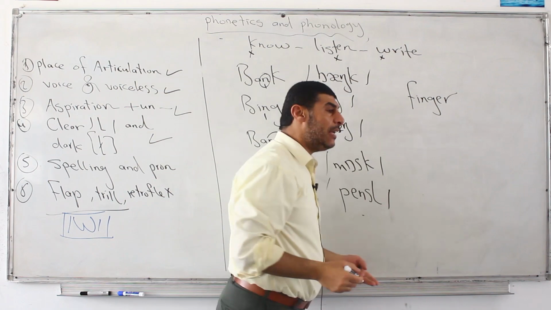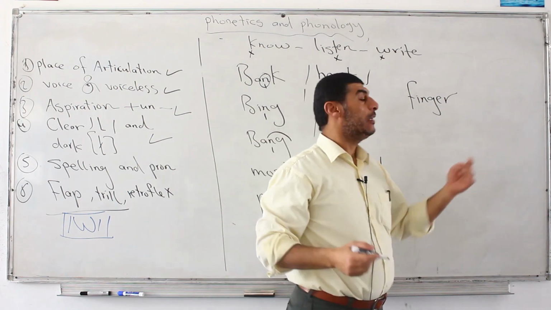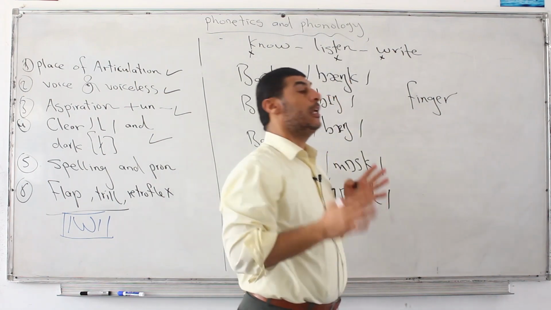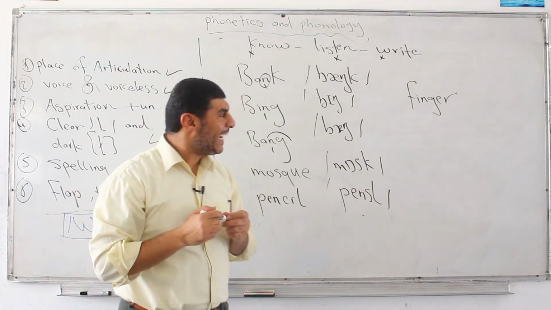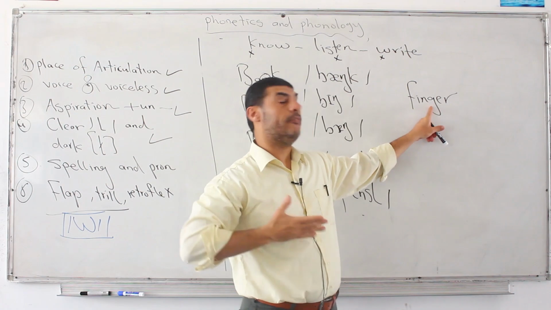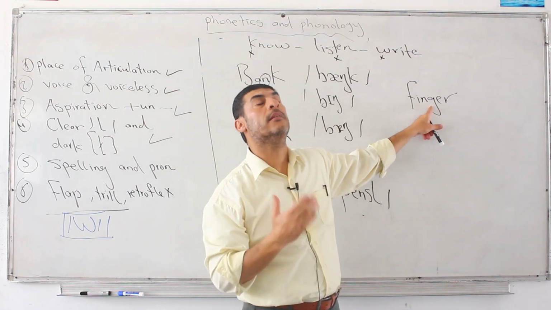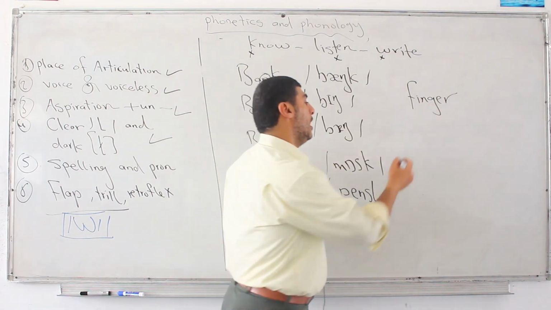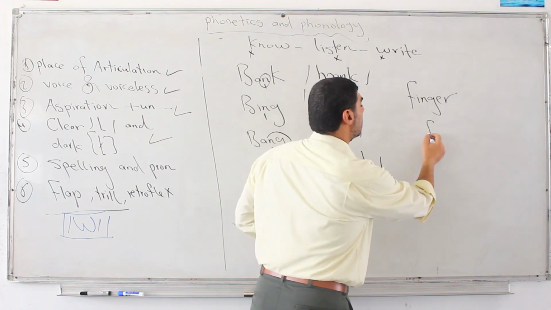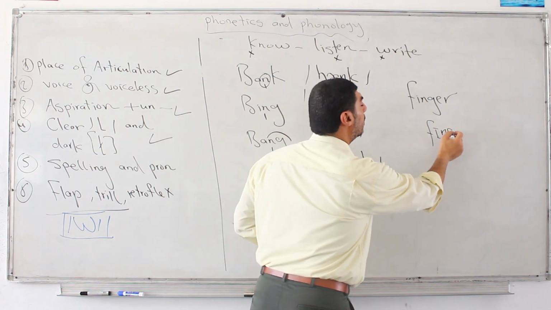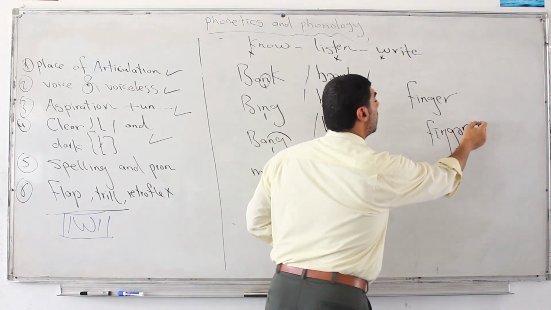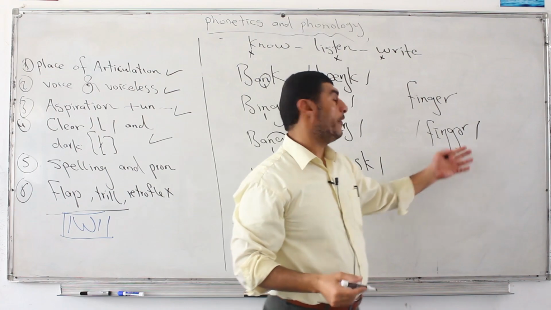But try to see the other word, which is finger. Finger, we have na and ga and e and ra. Okay, there is a complete stop, so the air is completely stopped at this syllable. Finger. So it is like this. Finger. So remember, in American English, this is finger.